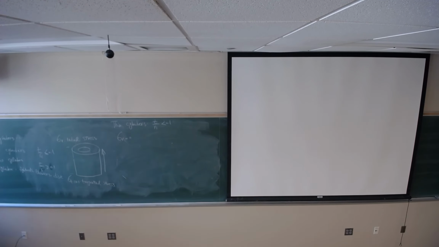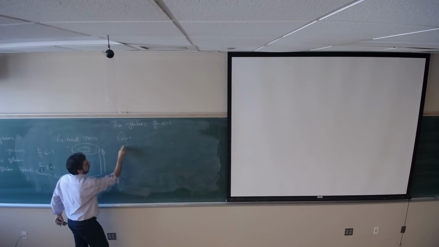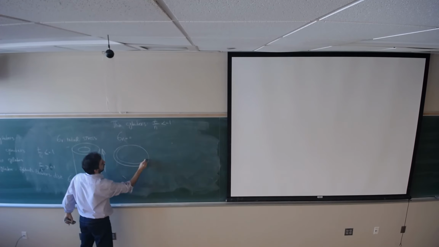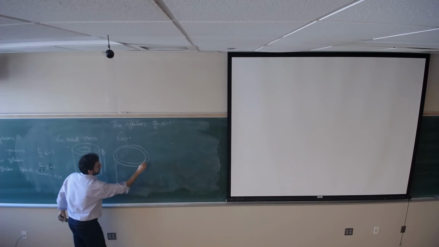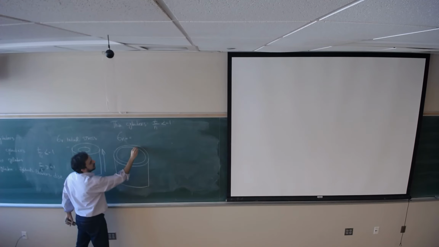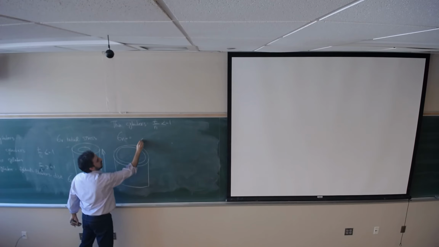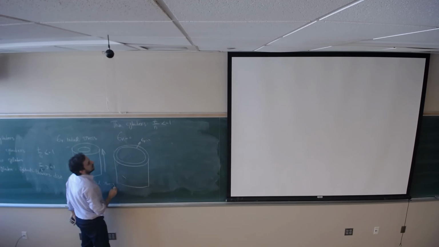So if we have something like this, which is a thin cylinder, at any point sigma r is going to be equal to 0.